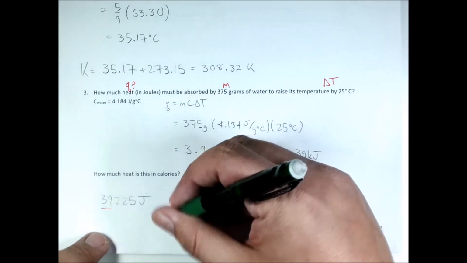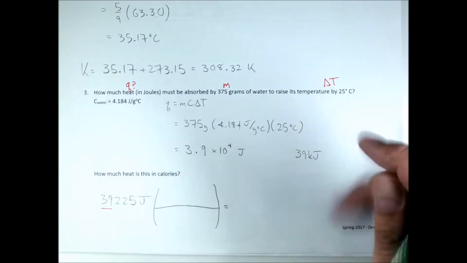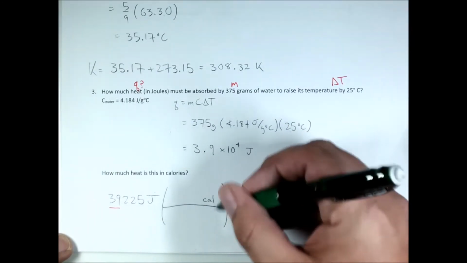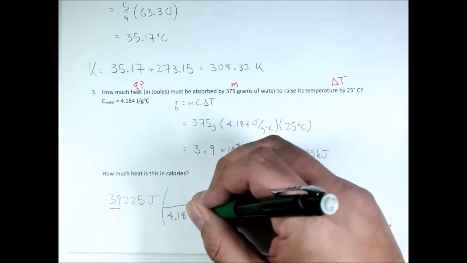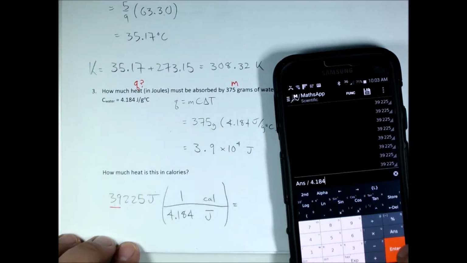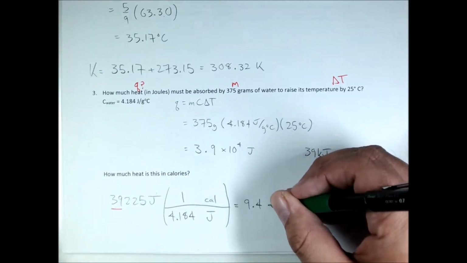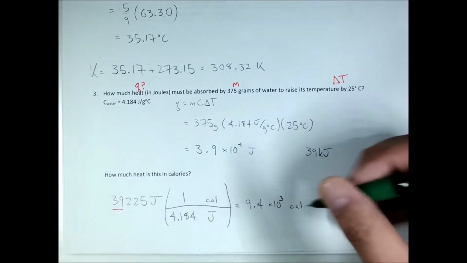All right, and then I need a factor to convert from joules to calorie. And what is that factor? It's your heat capacity of water, right? 9.4 times 10 to the 3 calories.